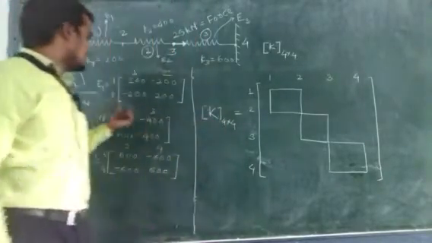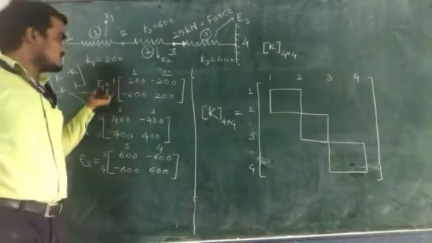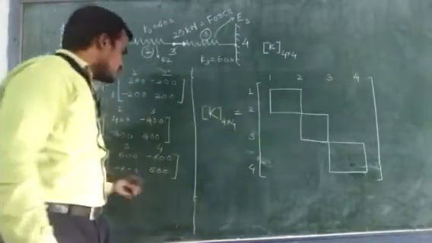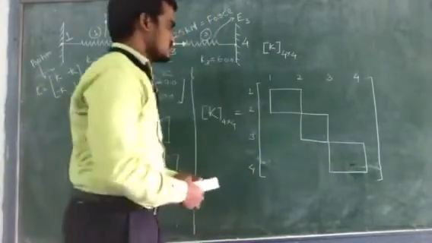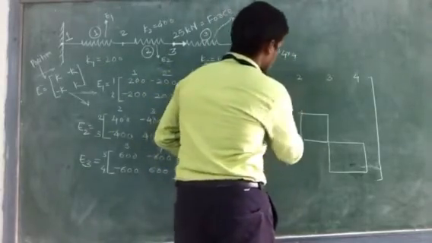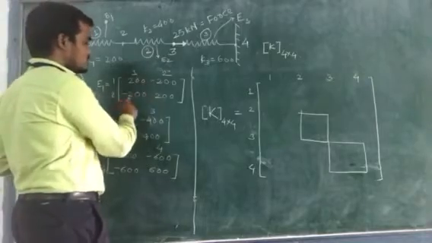So write down the values of E1 over the first block, E2 over the second block, and E3 over the third block. First block values are 200, minus 200, minus 200, 200.